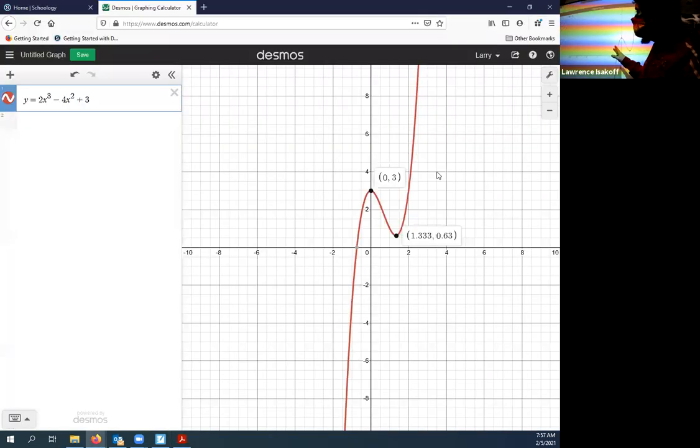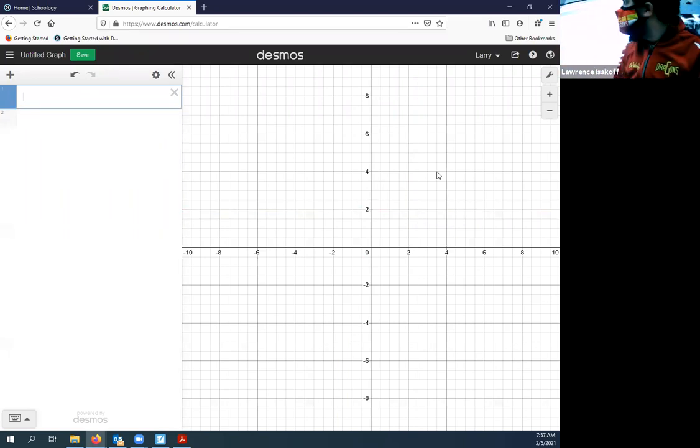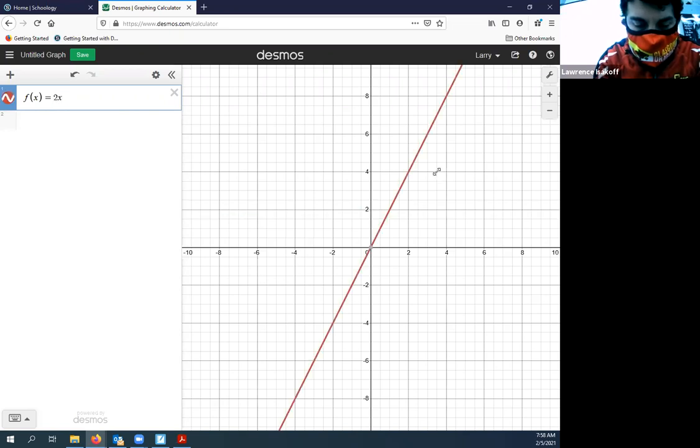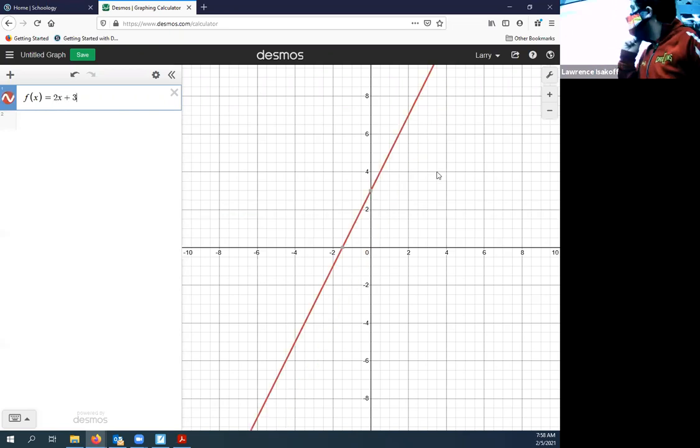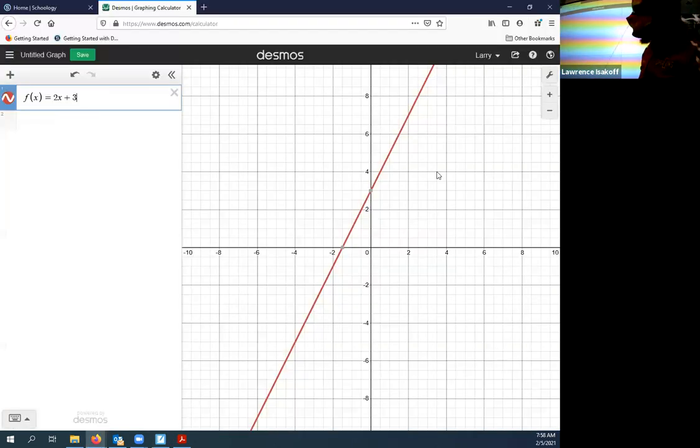So here with this, I'm going to start with a piecewise function. We're going to use different letters for each part. So I'll start with f of x is equal to, that was 2x plus 3. But it had that restricted domain. So when I go back here, I am going to take what it says after the comma, and I'm going to write that in curly braces.